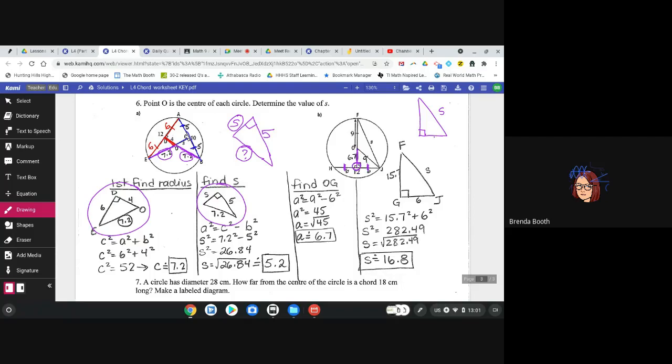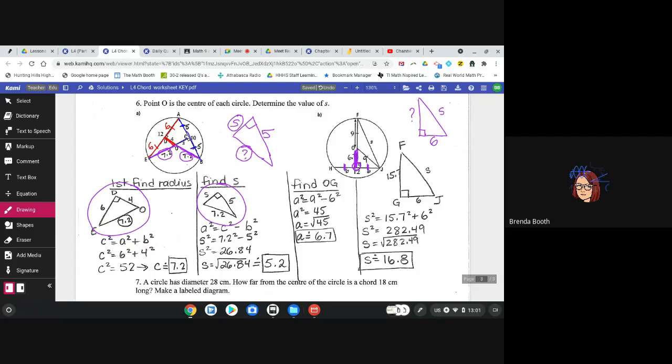So I know this is 6. But in the beginning, I do not know this length. So again, that triangle is a dead end. Two missing sides, I can't do Pythagorean theorem there.